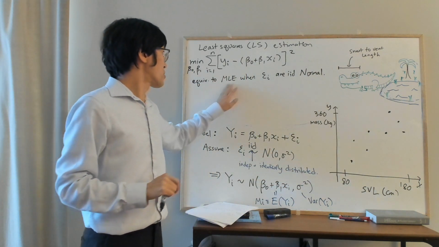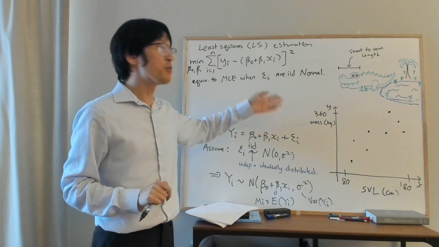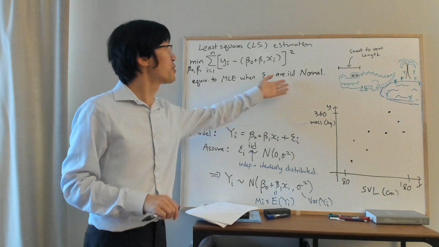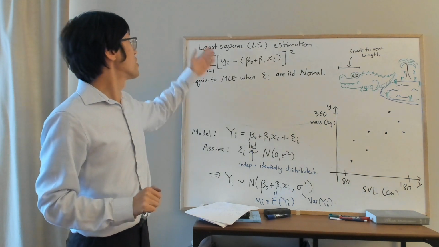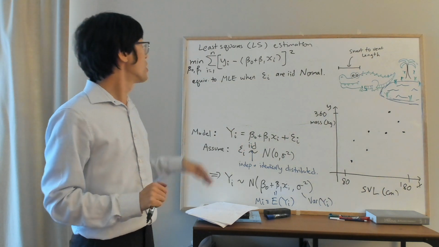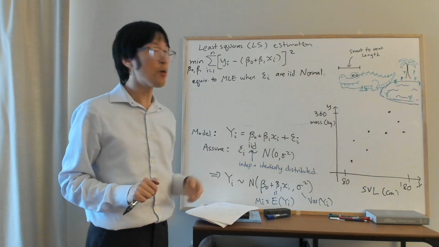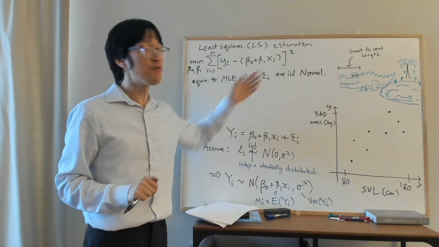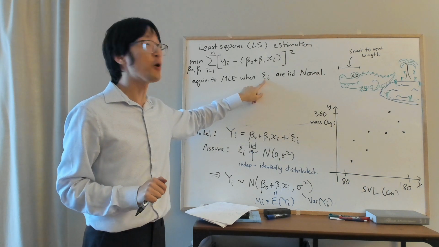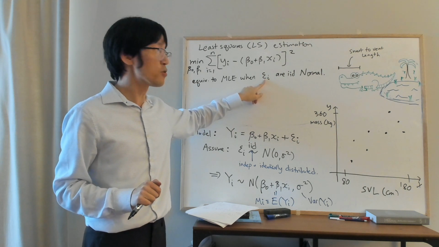Okay, so if the epsilon i's, for example, were a different distribution, or maybe the epsilon i's were correlated and not independent, then least squares would not be the same as the MLE. You notice that the least squares expression doesn't actually use any information on what distribution the errors epsilon i have.